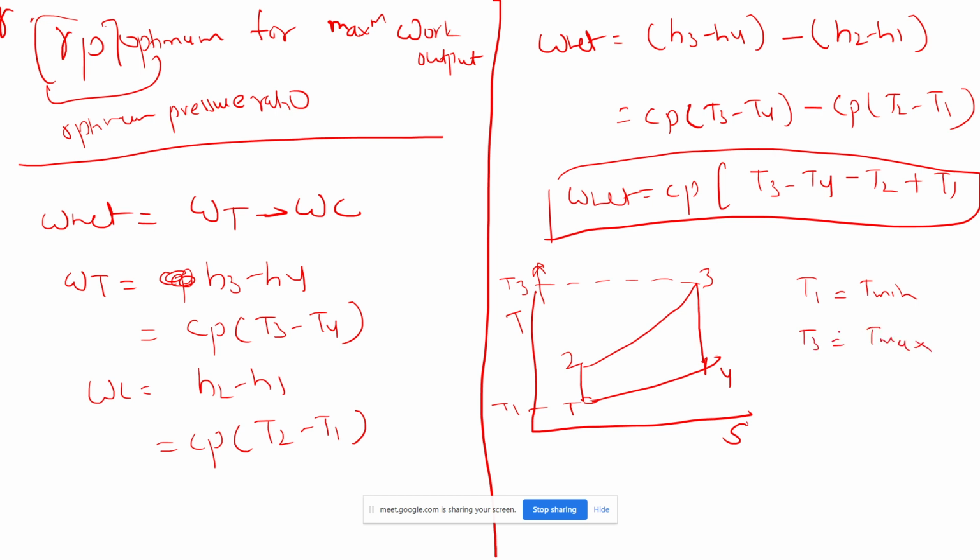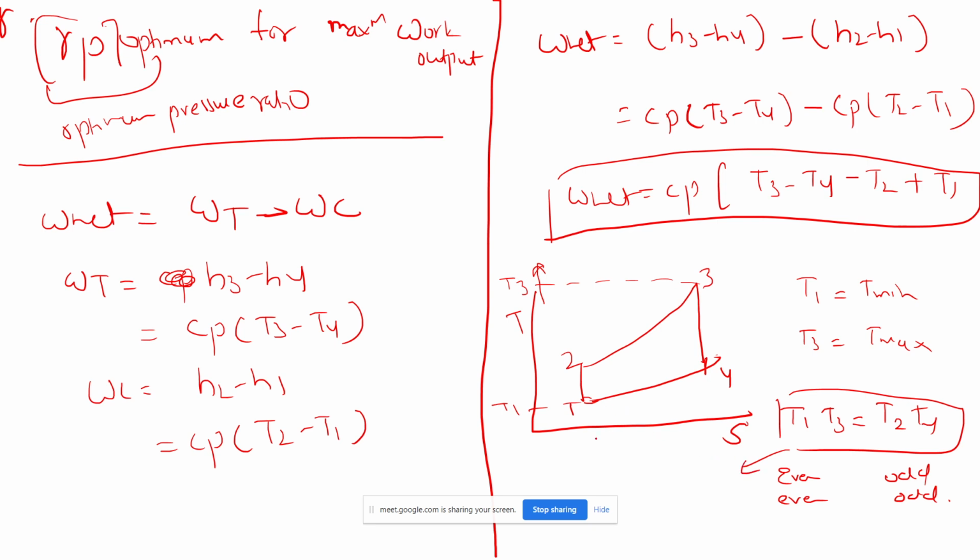Also, from the previous term, we got T1 T3 equals T2 T4, which I said you can remember as T1, even, odd, odd. From here we can replace any one term. T2 we can write as T2 equals T1 T3 upon T4. Can we write this?